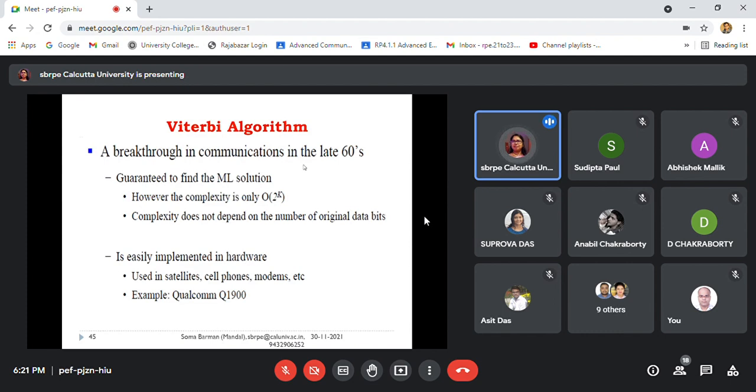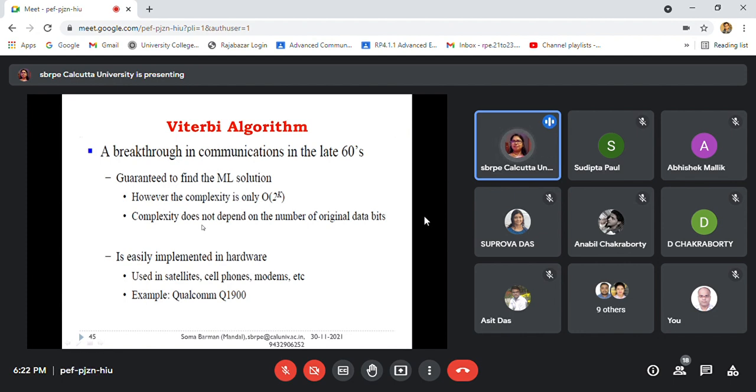So this Viterbi algorithm is a breakthrough in communication. It is mostly used in satellite communication and cellular phones. It is also complex, and the complexity is of the order of 2 to the power k. If your input bits increase, obviously the complexity also increases.